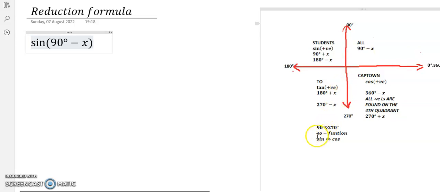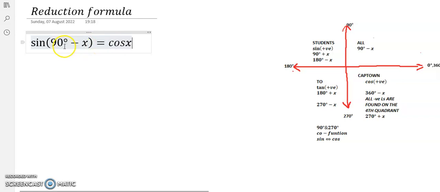However, on 90 and 270 we got cofunction, meaning that because here is sine, it will change to be cos. Okay, we got cos x just like that, because on 90 minus we have positive trig ratio.